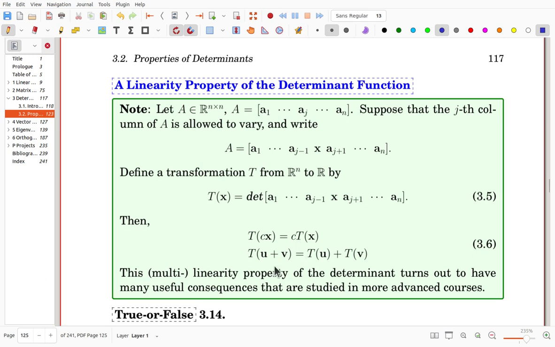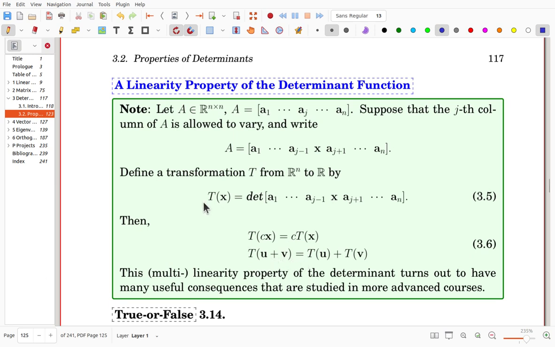And for the second one, to prove this one, you need a little bit of computation. However, if x is replaced by two components, u and v, then you may get the determinant with u and with v separately, and you can add. That is exactly this one.